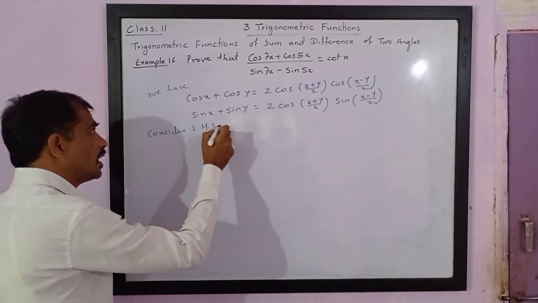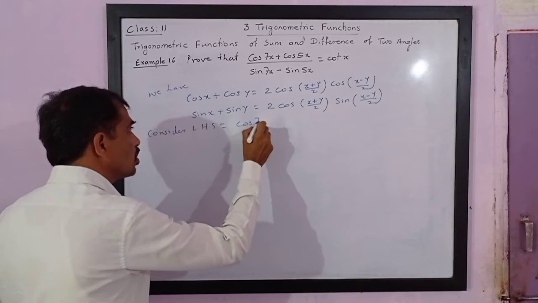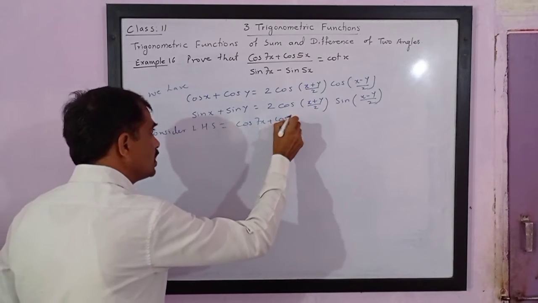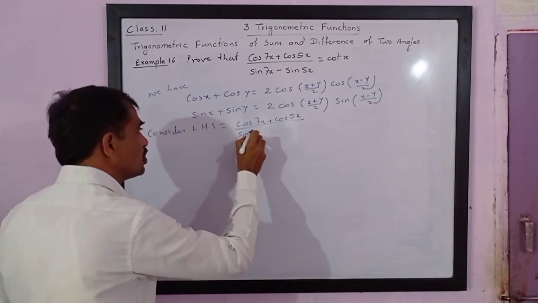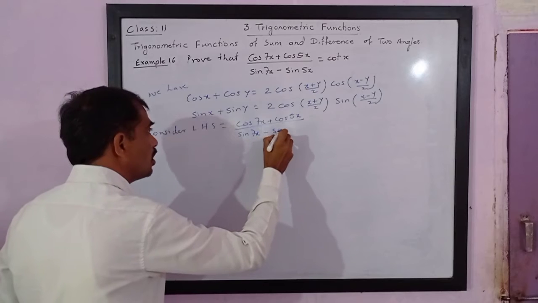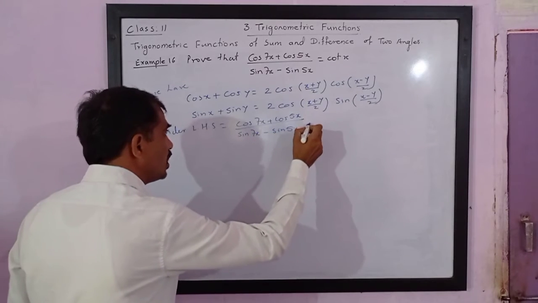We are going to consider LHS is equal to (cos 7x + cos 5x) upon (sin 7x - sin 5x).